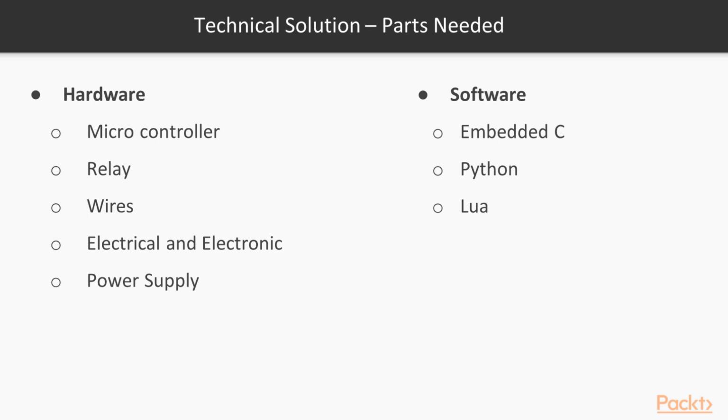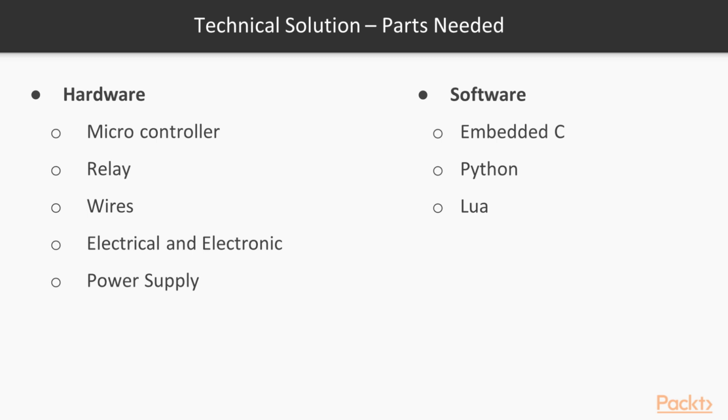Alright, just for ease of understanding, I have divided these parts into different categories. Now in the hardware category, you would certainly need a microcontroller or a development board like Arduino, Raspberry Pi and others. You would need a relay which will actually act as a bridge between your microcontroller, the lamp and the power supply. You would need some wires to connect your relay, your microcontroller and your lamp.